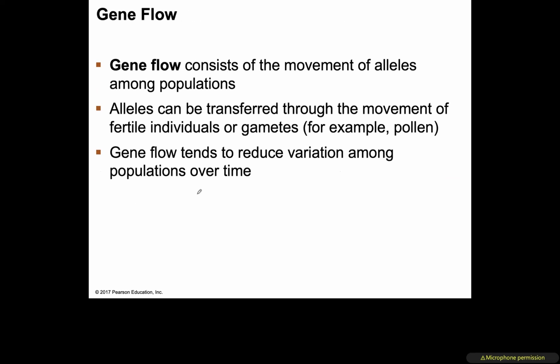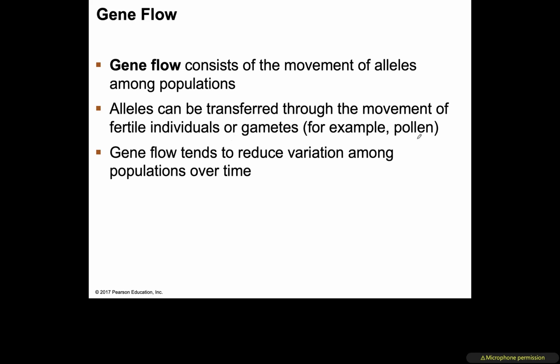So let's talk about some gene flow. Gene flow consists of the movement of alleles among populations. It sounds exactly like it is: the genes are going to flow within the population. Alleles can be transferred through the movement of fertile individuals or gametes.